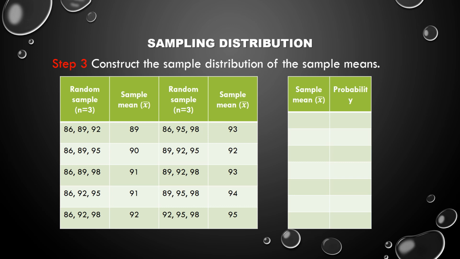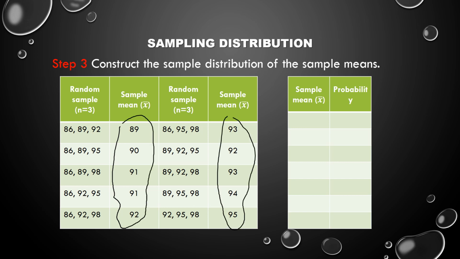Once we have our sample means and the combinations of your random samples, we are now ready to do our sampling distribution. So we are going to write our sample means. All the values found in this column, we are going to transfer there.